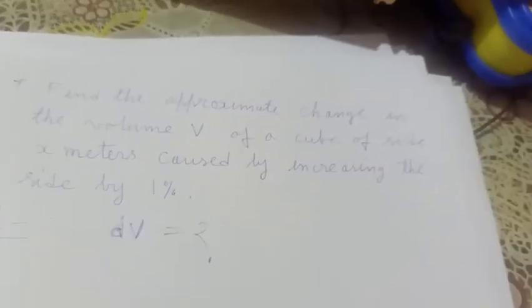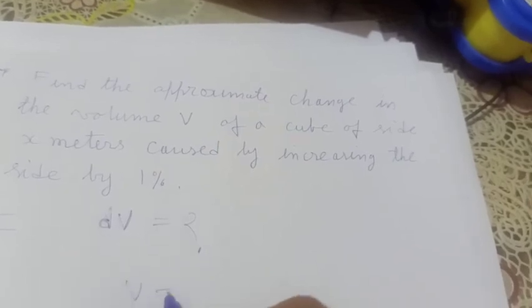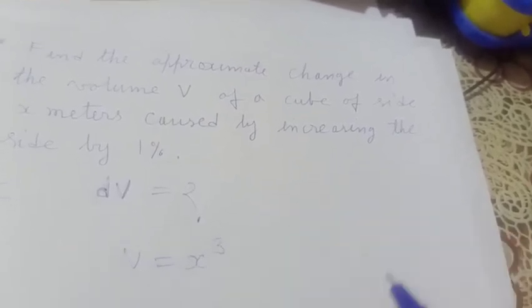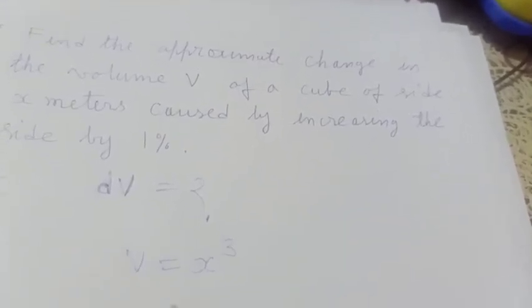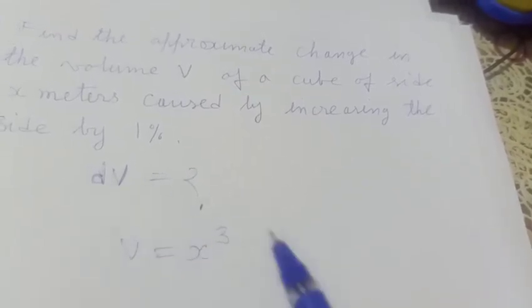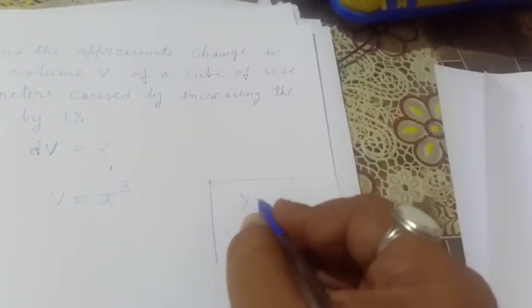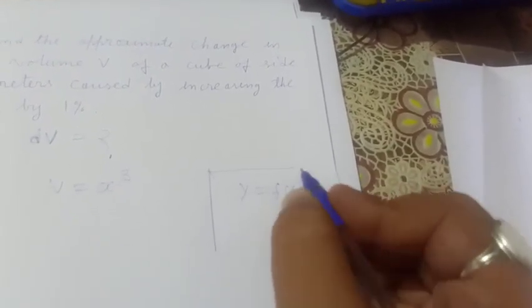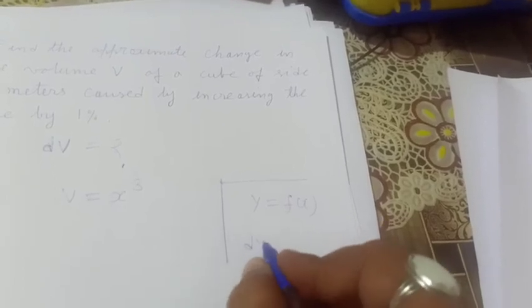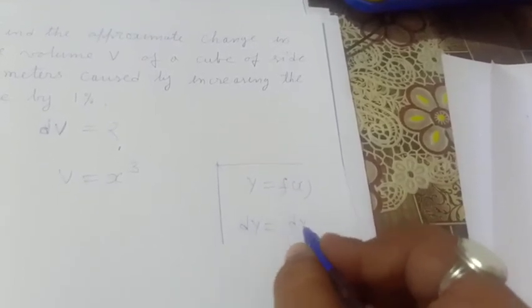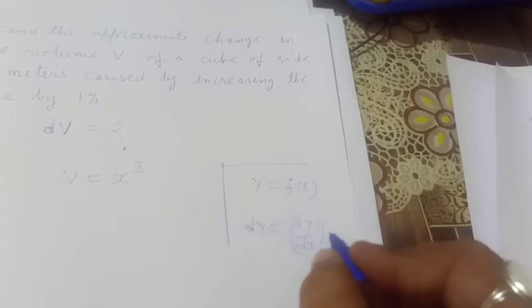Now we can say V equals x cube, since the side is x. From this relation we will find the value of dV. As you studied already, for y equals f of x, dy equals dy by dx into delta x.